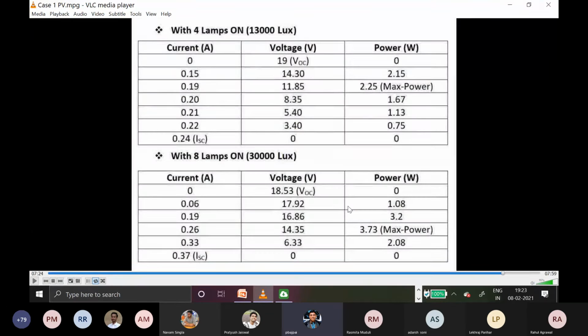So similar result has been obtained with the 8 lamps. You can see the 4 lamps and 8 lamps, and the same setup will be repeated for the 12 lamps and 16 lamps.